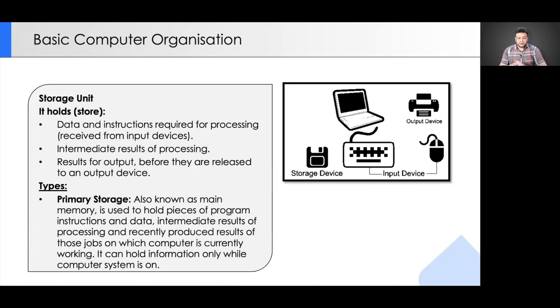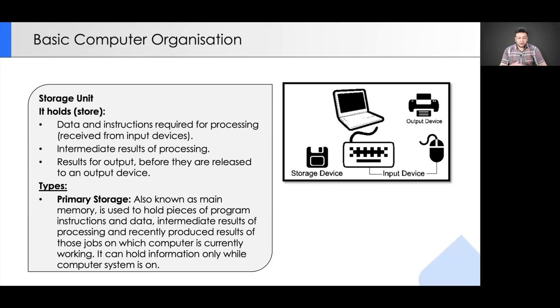Next, let's look at the storage unit. The storage unit is required for holding some amount of instructions and data. The data and instructions required for processing are received from the input devices. Intermediate results of the processing are also stored in the storage device, as well as results for the output before they are released to an output device.